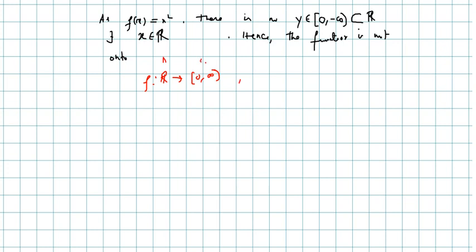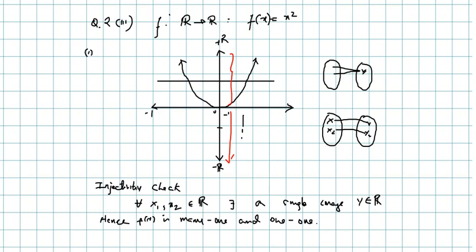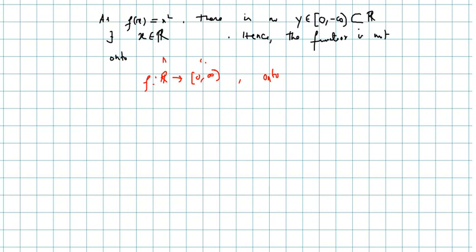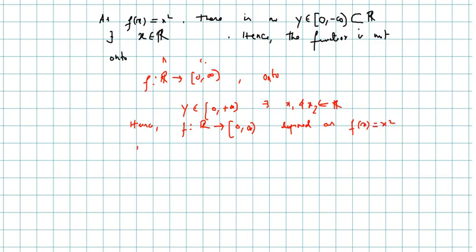Now, I am talking only about this region, hence this function is now onto, because we can say y element of 0 to plus infinity, there exist x1 and x2 element of R. Hence, f from R to 0 to infinity defined as f of x equals x square is onto. See how we just manipulated the domain and codomain, and the function becomes onto, but it is not even 1-1, it is many one. And it is not bijective, don't forget.